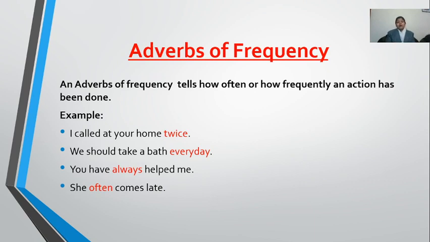Okay, you have always helped me. Helped. How often? Always. Means you have always helped me. So always is your adverb of frequency. And have you noticed which question word I am using to ask the question to my verb?